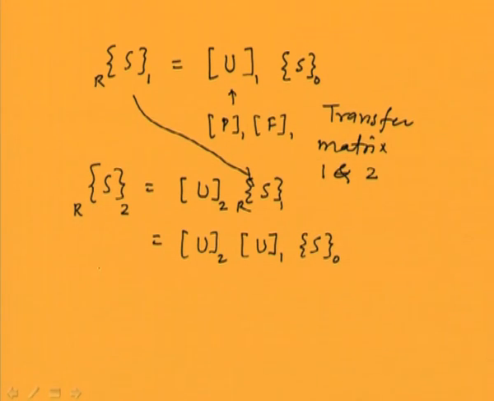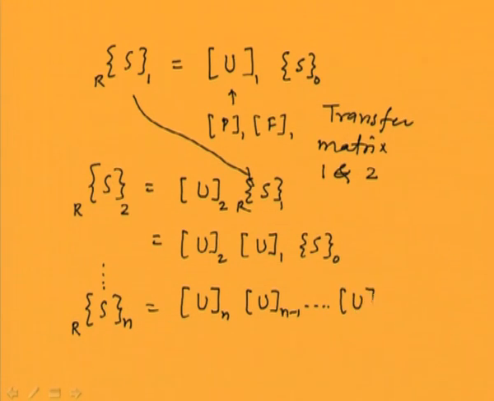This can be extended even if we have n number of disks. So in that case we will have state vector, this transfer matrix n minus 1, like this up to 1, state vector this.